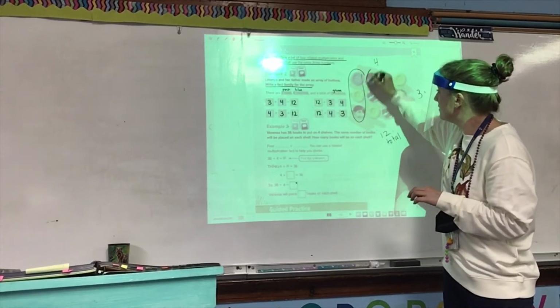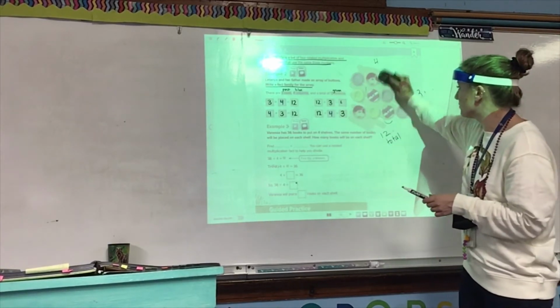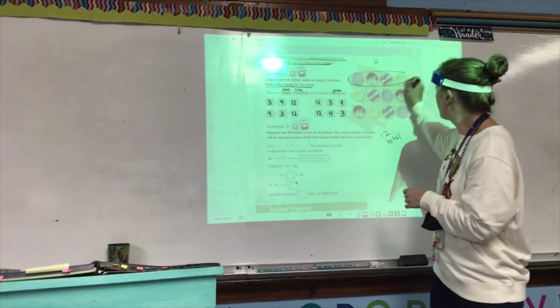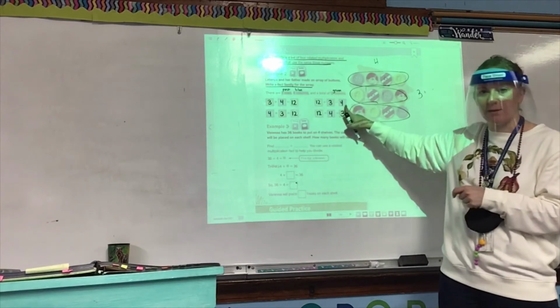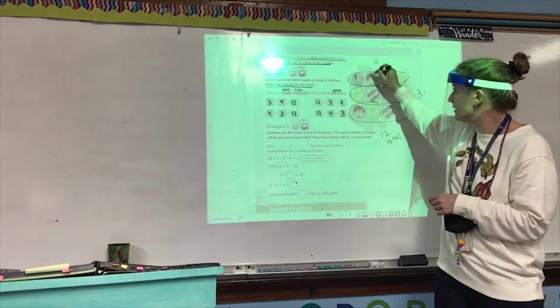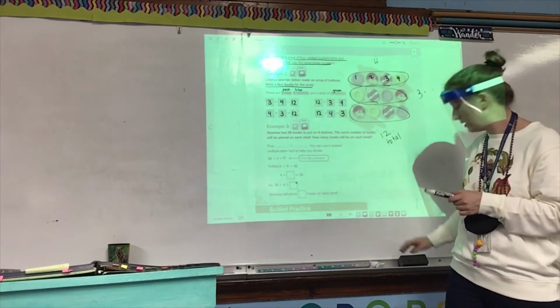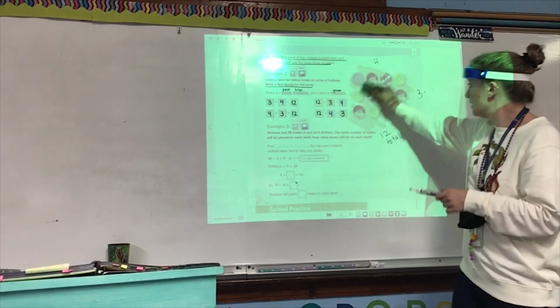For 12 divided by 3, we took our 12 objects, and we broke them into groups, into 3 groups. 1, 2, 3, oops, I did that wrong. Sorry, we broke them into 3 equal groups. 1, 2, 3. Then we counted how many objects were in each group. 1, 2, 3, 4. 12 divided by 4 equals 3.